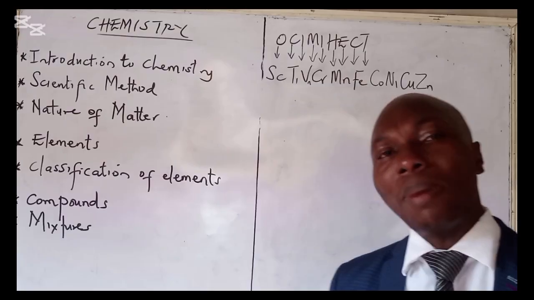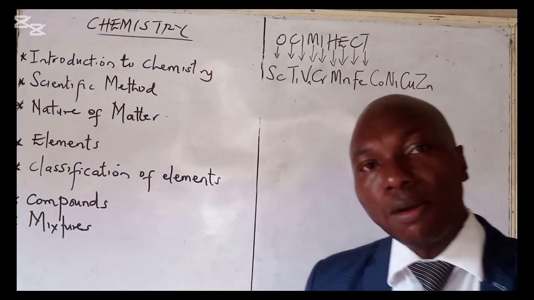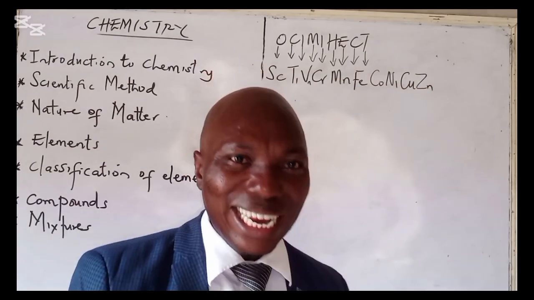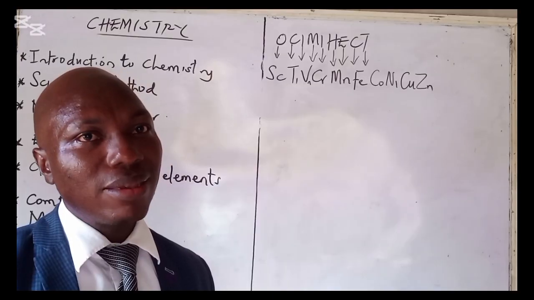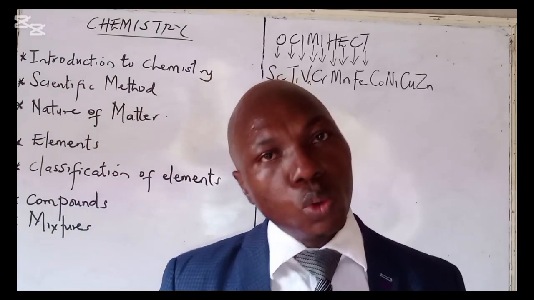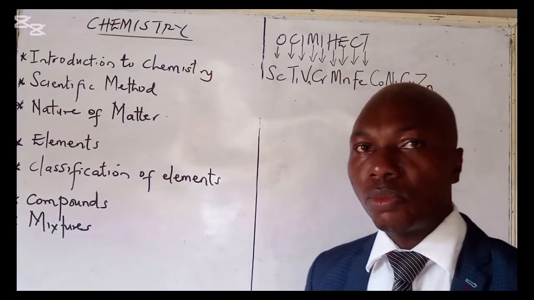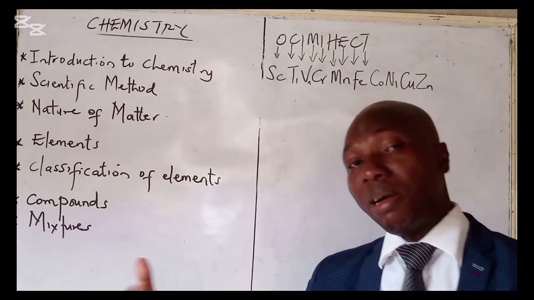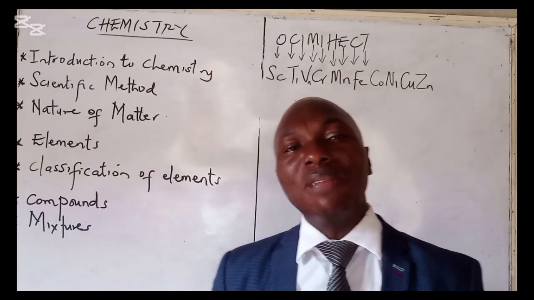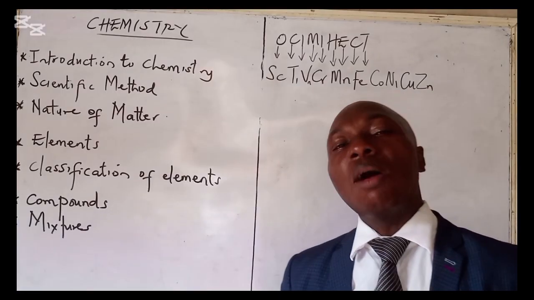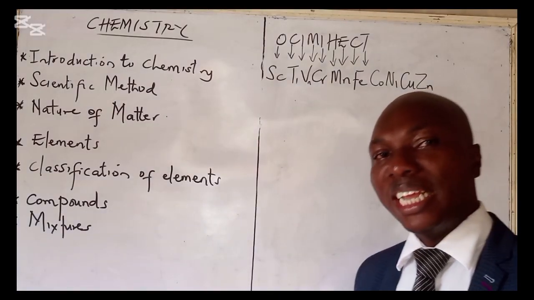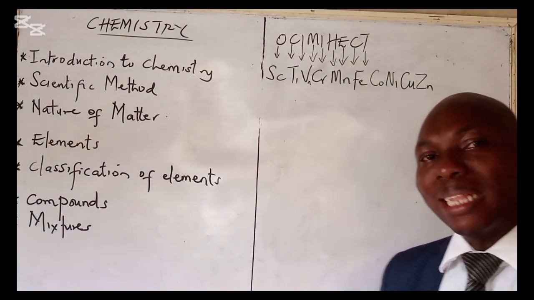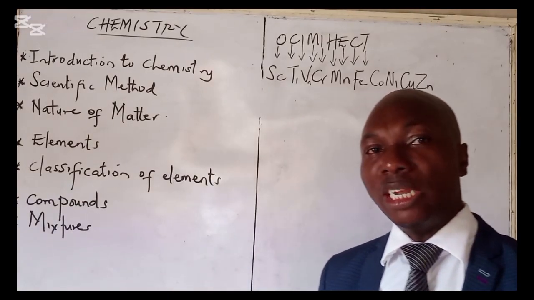One of the physical properties of a metal is that metals are good conductors of electricity. Non-metals are generally not good conductors of electricity. One of the chemical properties of a metal is that all metals are reducing agents. Non-metals are oxidizing agents.